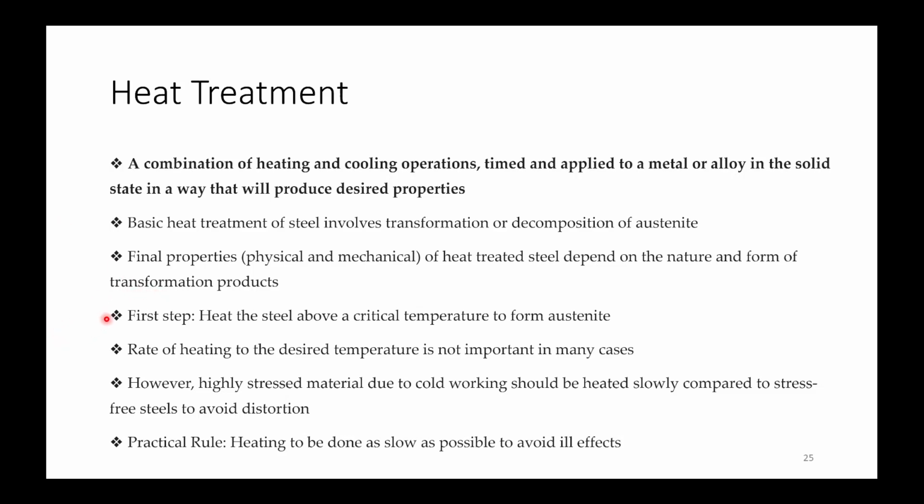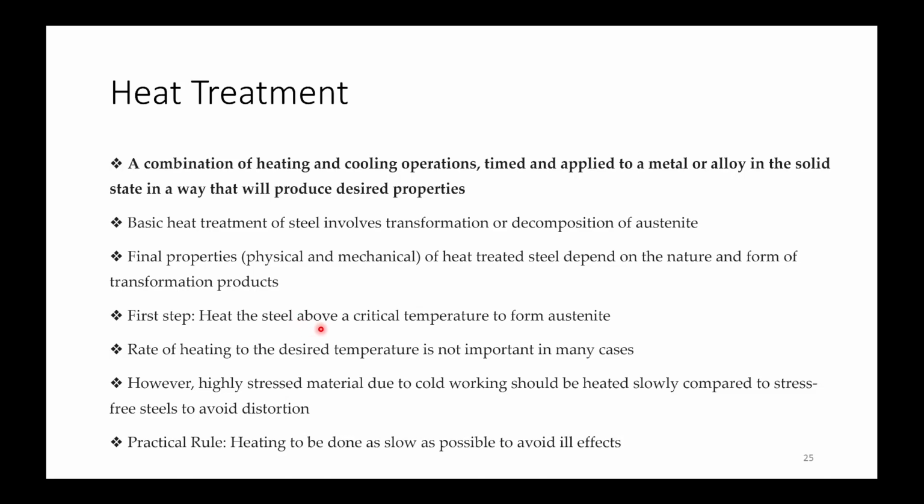Now the first step is to heat the steel above a critical temperature to form austenite. Most of these heat treatments have to do with the eutectoid transformation.